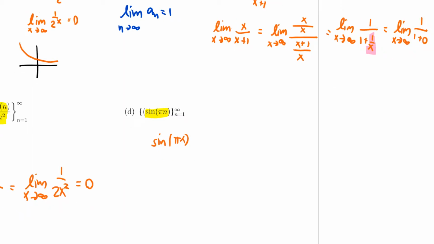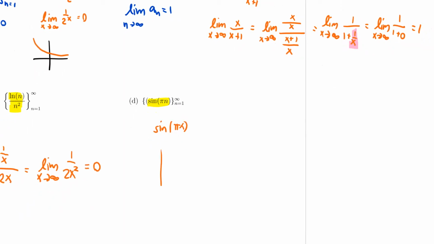Now the graph for this looks like this. When x goes to infinity, it behaves just like the graph of a sine function. The value of my function keeps going up and down. It doesn't approach a certain value. So I can say that the limit of the function does not exist.